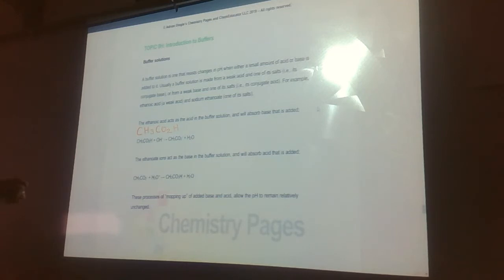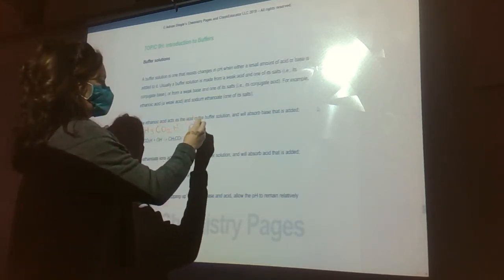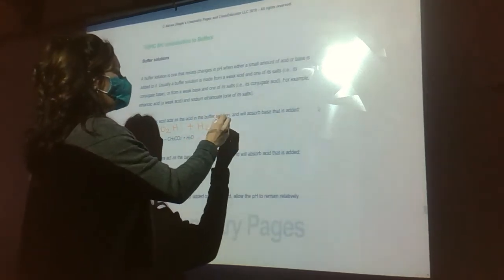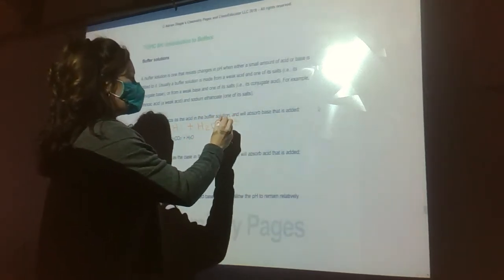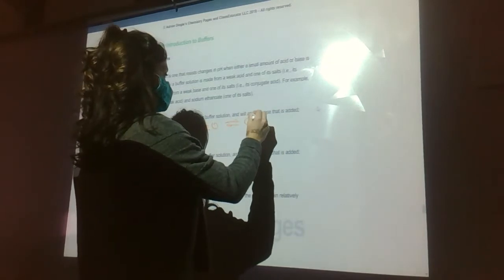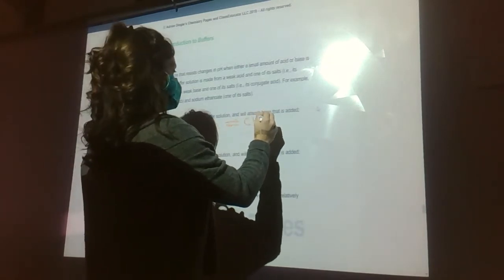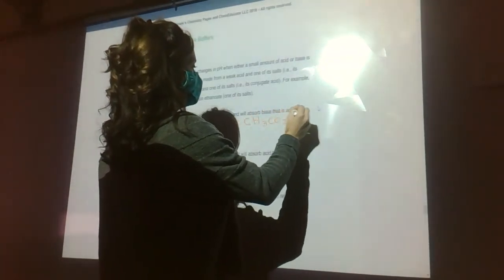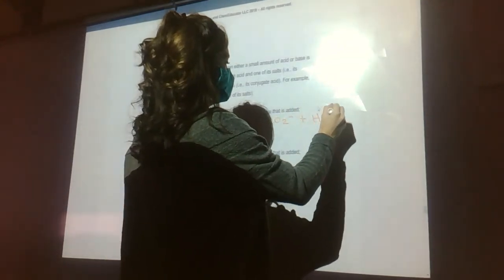And in water, we know that ethanoic acid looks like that.